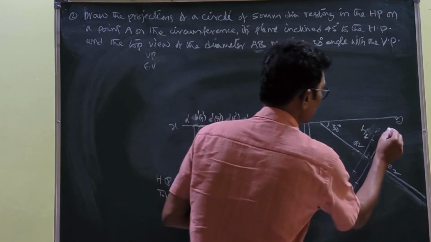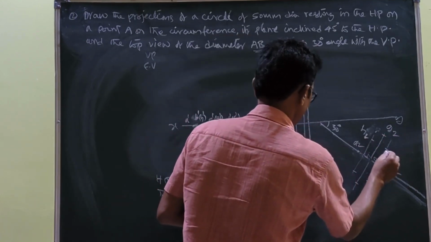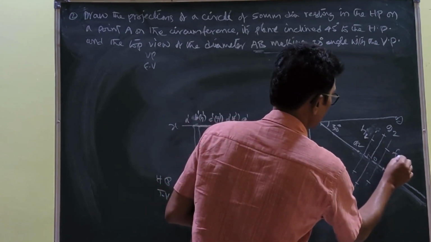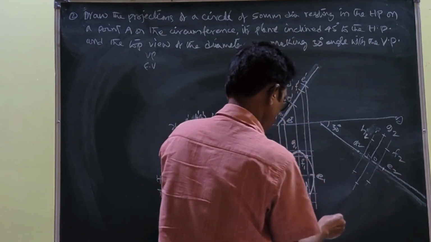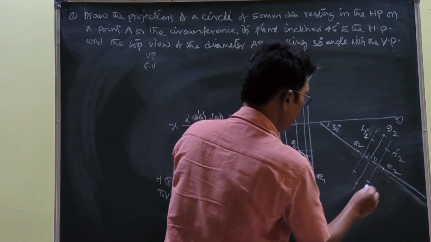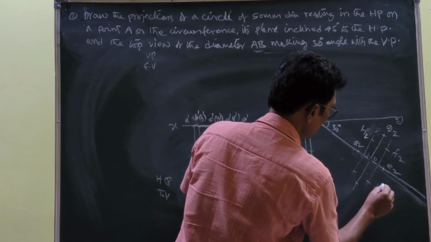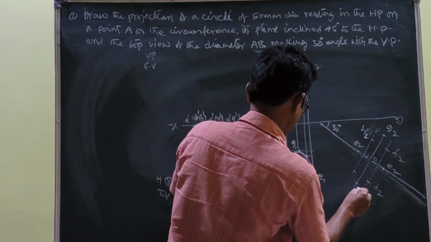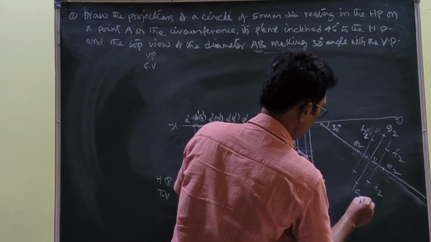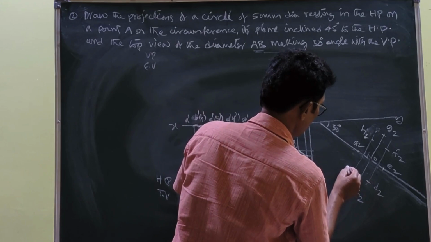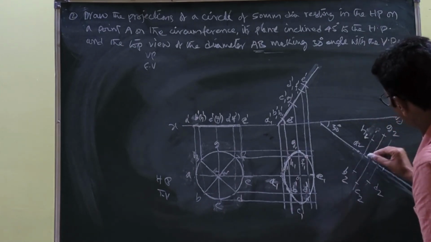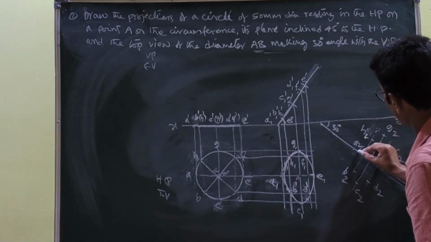H2, this is the G2, this is the F2, this is the E2, this is the D2, this is the C2, this is the B2. Then you can join carefully.